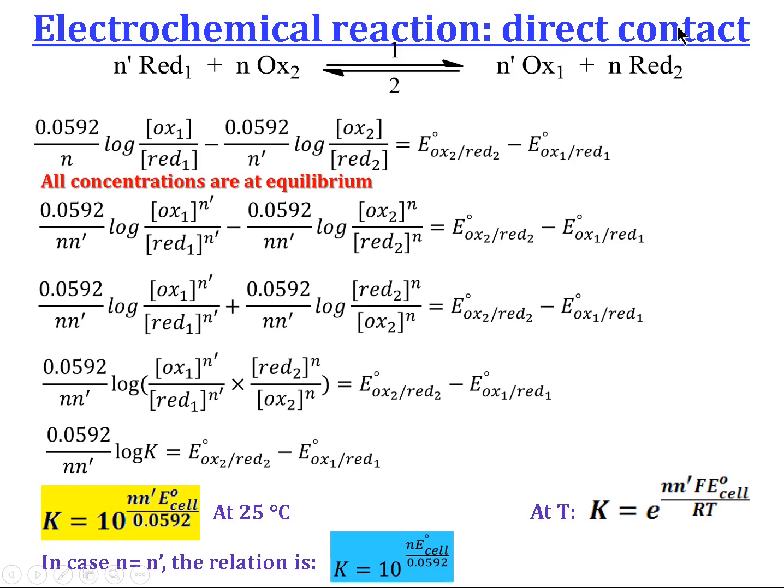And in the case of direct contact, the expression is K equals 10 to the power the number of electrons exchanged in couple 1 times the number of electrons exchanged in couple 2, E0 of the cell divided by 0.0592.